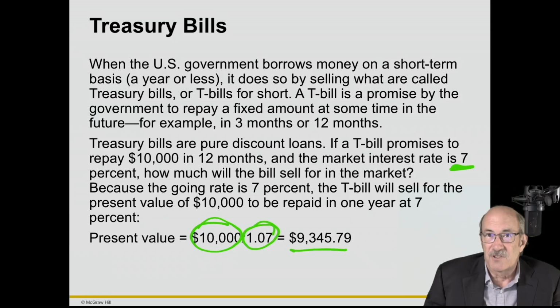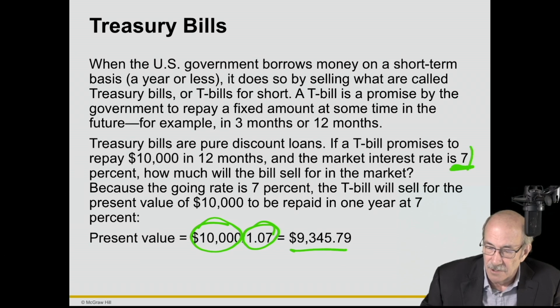And so that would sell today for $9,345.79, and then 1 year later the government would pay us back $10,000. That would be the return of the principal, the $9,345.79, and a 7% return on that $9,345.